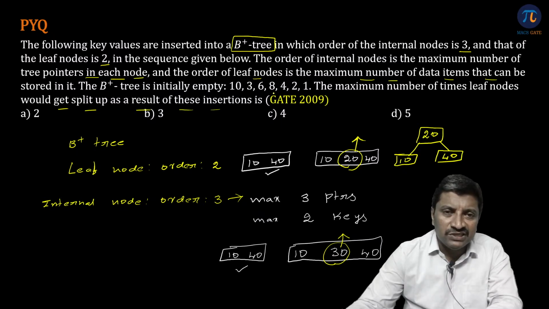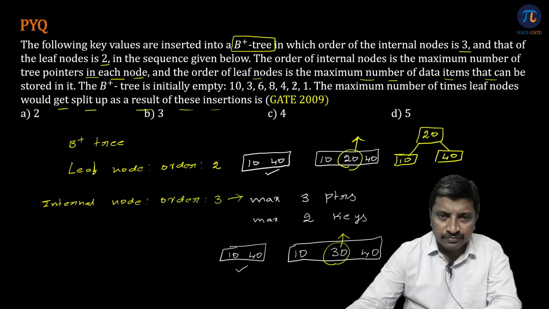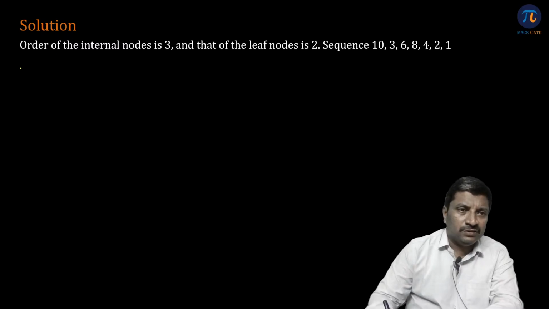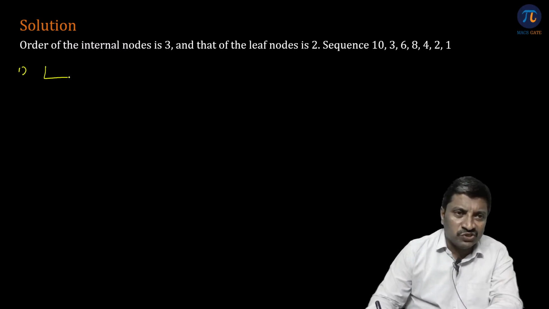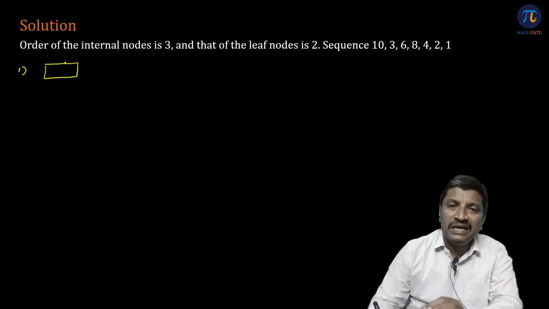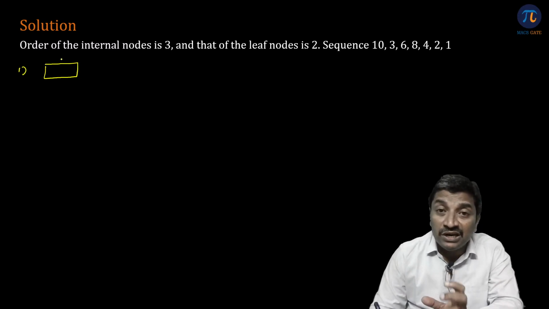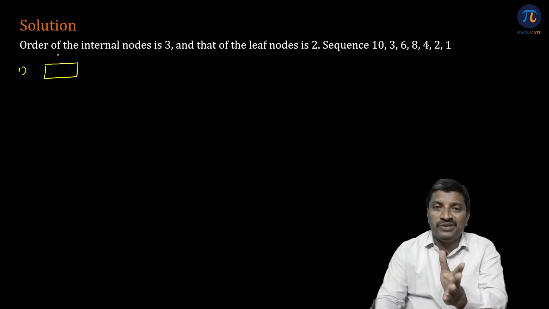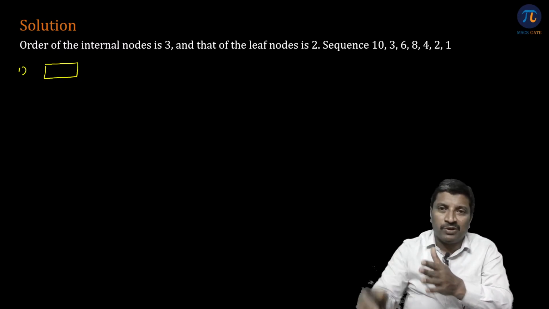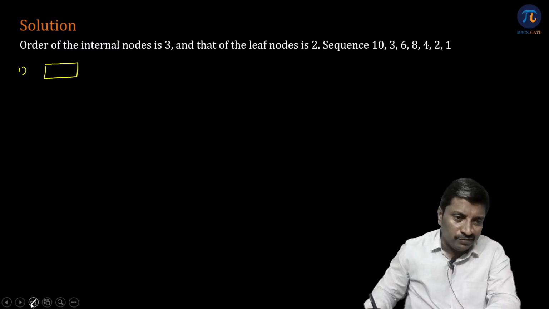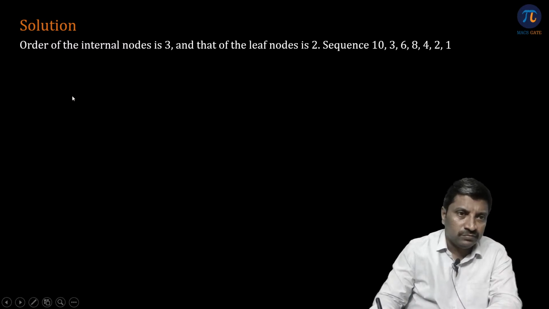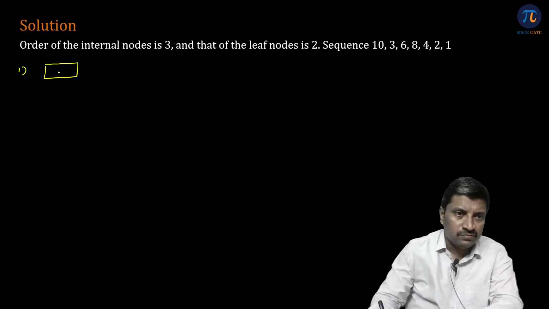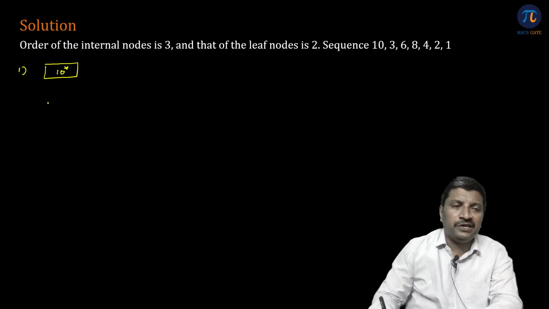The sequence they given is 10, 3, 6, 8, 4, 2, 1. Let us start it, sir. Always the first node which you are considering is a leaf node. In leaf nodes, we will have the original data records. Original data record in the sense, original index record. Original index record means key value plus pointer to the data block. So to indicate that, let me write 10 star.